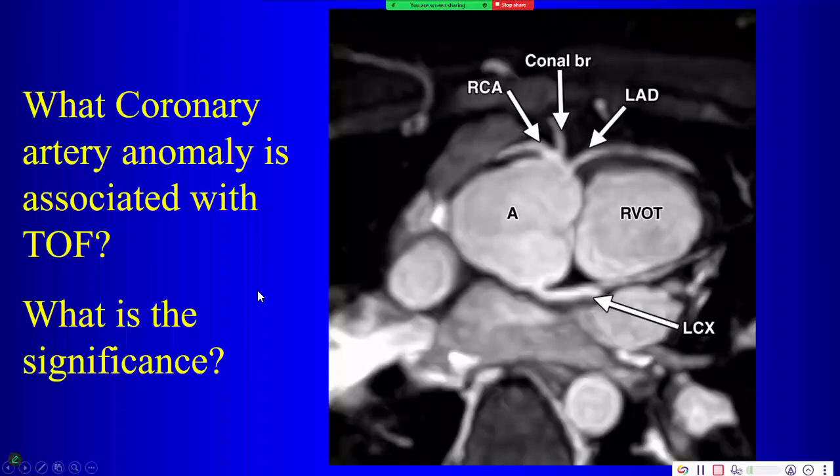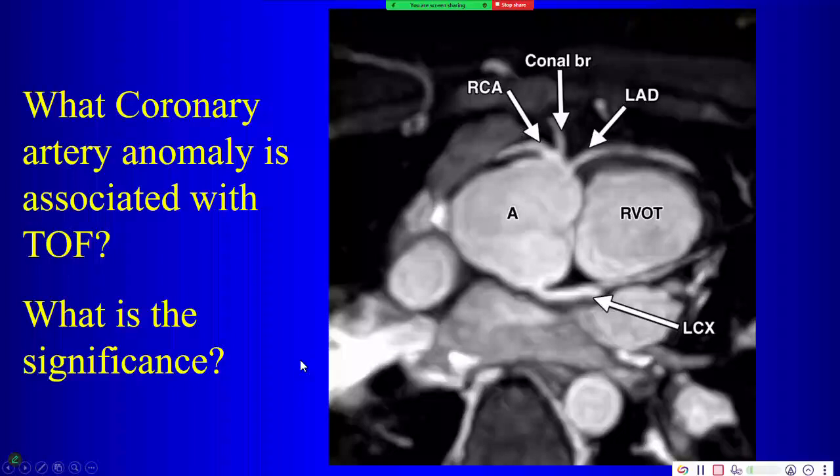Now, there's a coronary anomaly that is also associated with tetralogy of Fallot, and it's illustrated here. So, what is that anomaly? And what's the significance? Well, the anomaly has to do with the left anterior descending coronary artery.